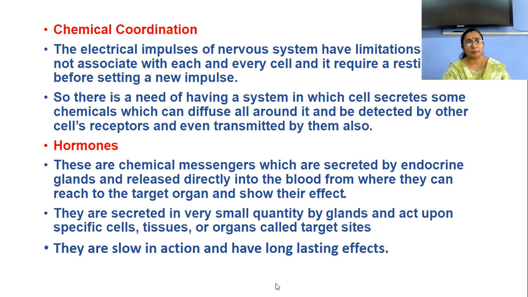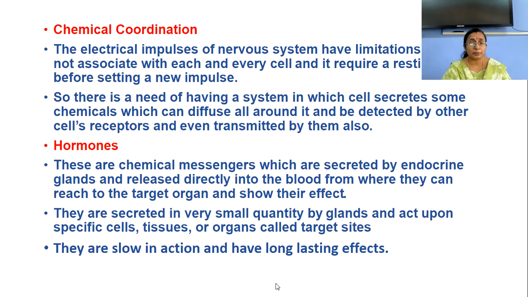Now with that, we come to chemical coordination. Now a question arises as to why chemical coordination is necessary. If nervous coordination is enough and it is ensuring proper function, then why should we have chemical coordination? In case of animals, they have a nervous system, but in case of plants, there is no nervous system. Again, in case of plants, there are many different types of movements.